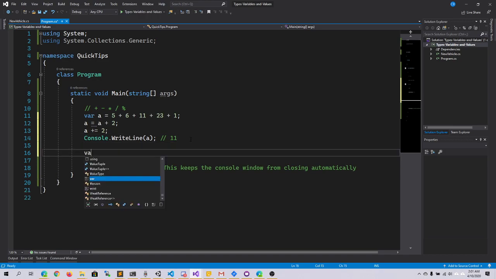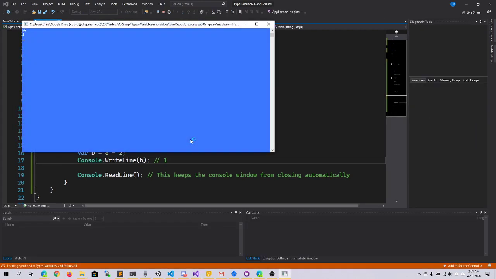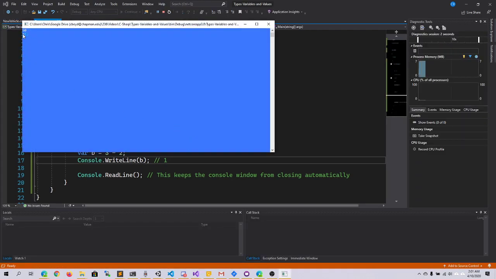The same exact thing can be said for the subtraction operator. And this should result in 1. There you go, 1. That is the latest one we did.